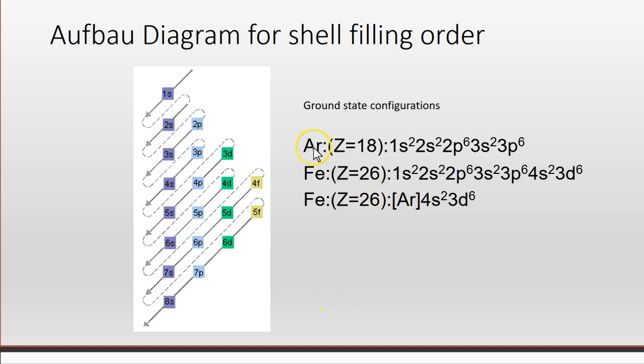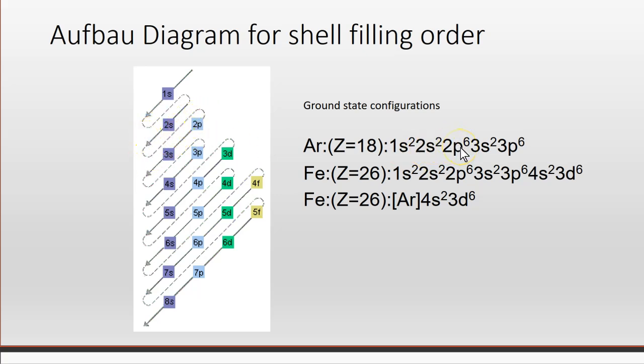For example, let's look at argon. Argon has an atomic number of 18. So how can we put 18 electrons into the ground state? We start here. We can see that we have the 1s shell, which we know can accommodate only 2 electrons. Then the 2s, which again accommodates only 2 electrons.